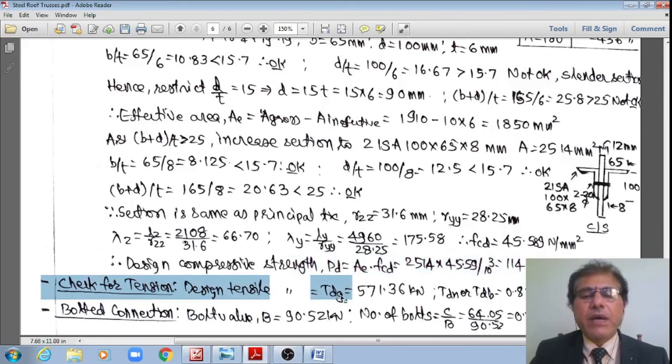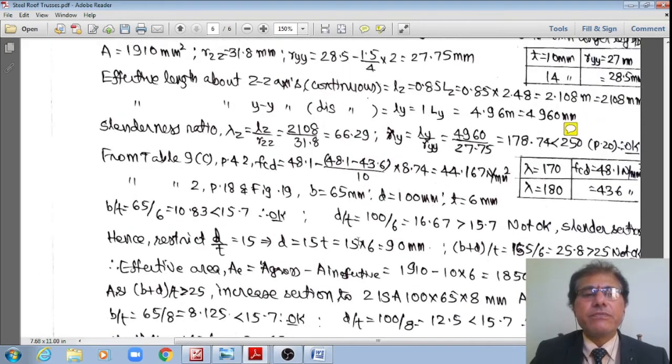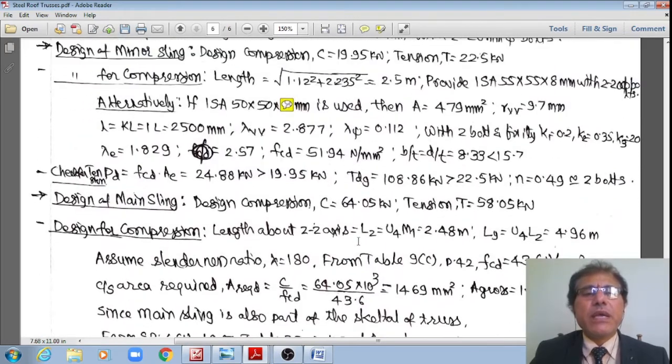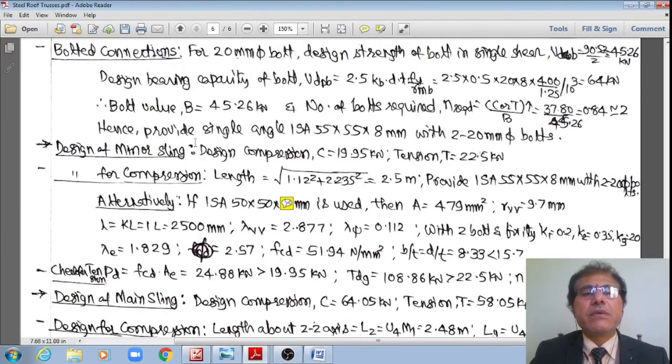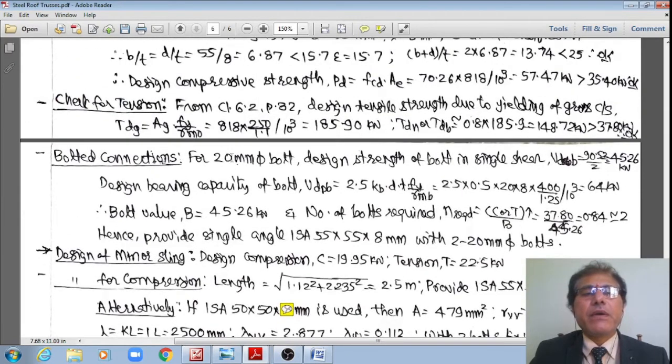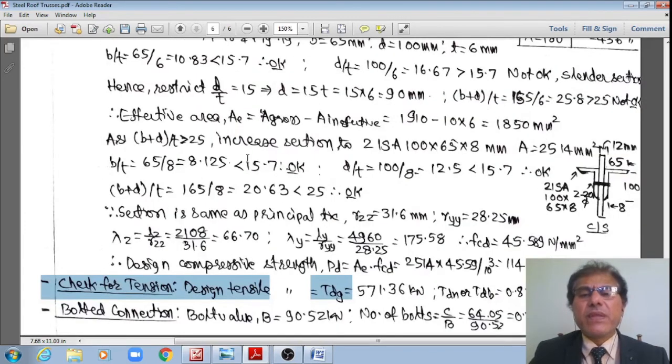Tdg is given by this formula, Ag fy divided by gamma m0, where Ag I now know. Ag is equal to 2514 multiplied by fy 250 divided by 1.1, which works out to 571.36 kilonewton.